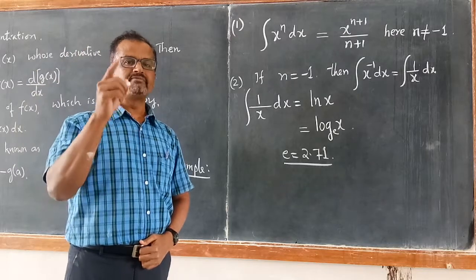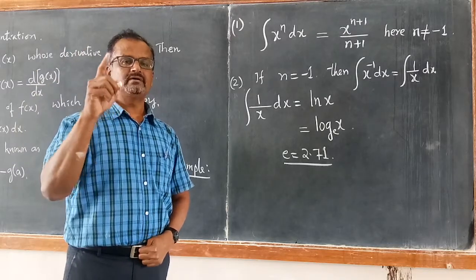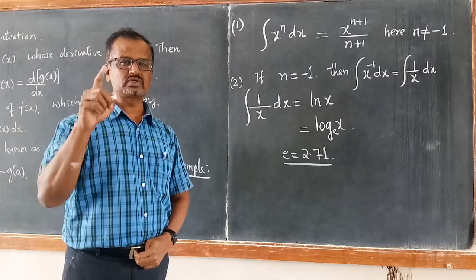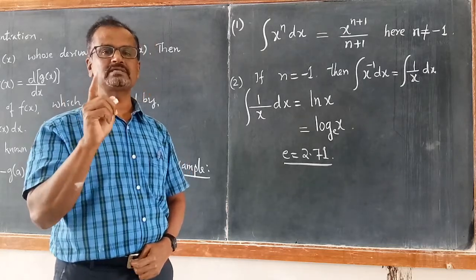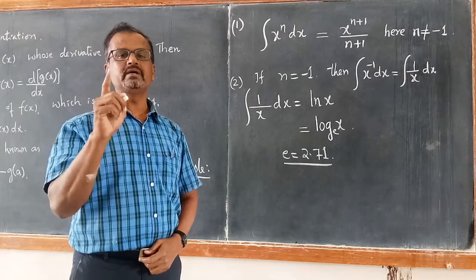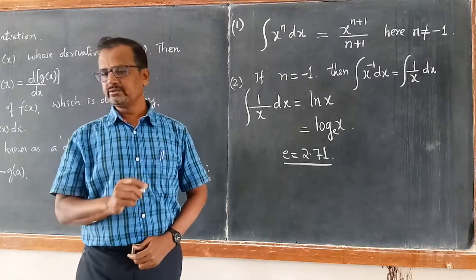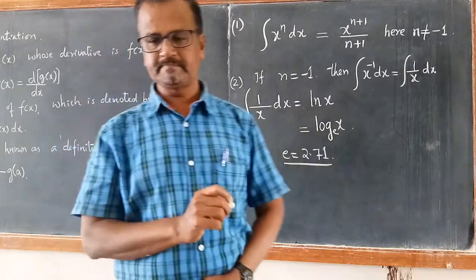So differentiation of x to the power n plus 1 gives us n plus 1 into x to the power n. We are going to make use of this function.